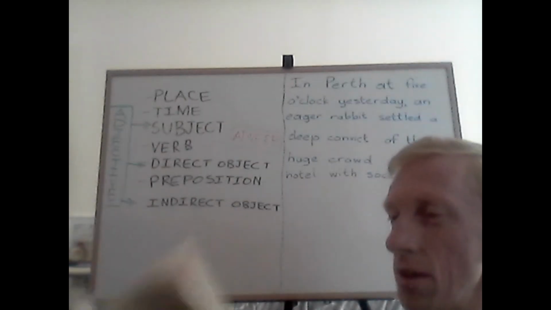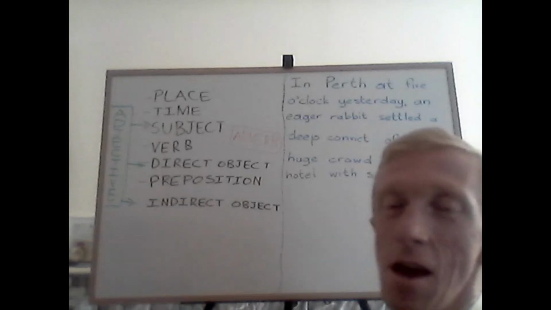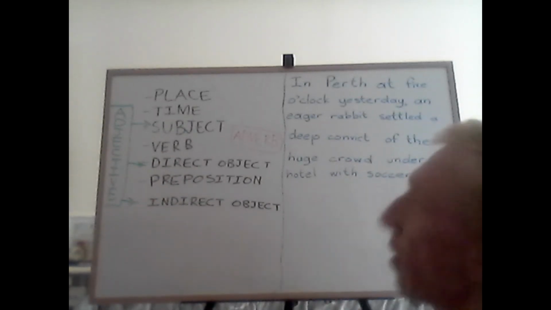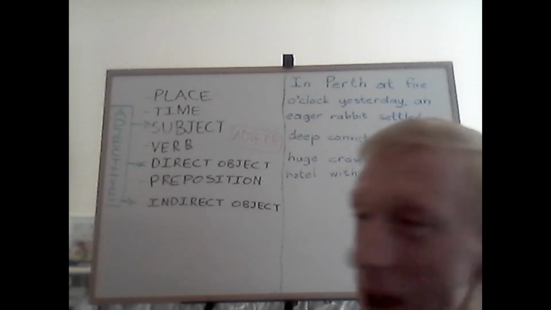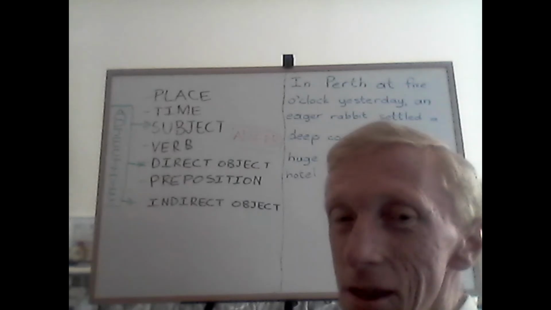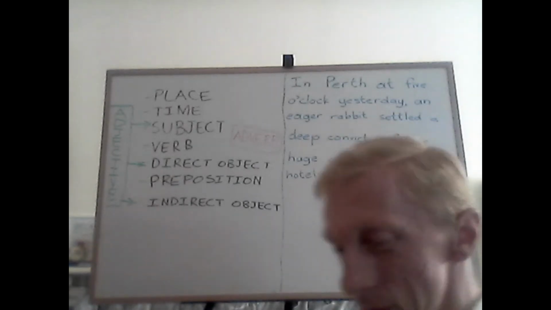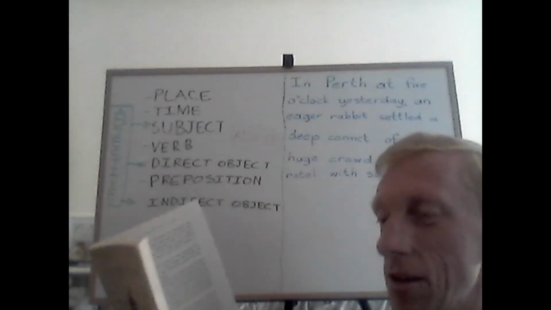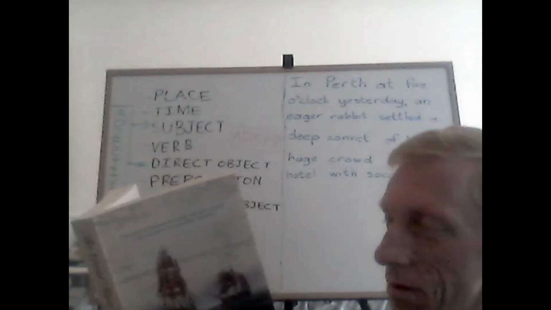So we probably need to choose again. We could say in Perth at 5 o'clock every day. We would need to change that to the simple present, the verb. But let's see if we can find a different adverb.